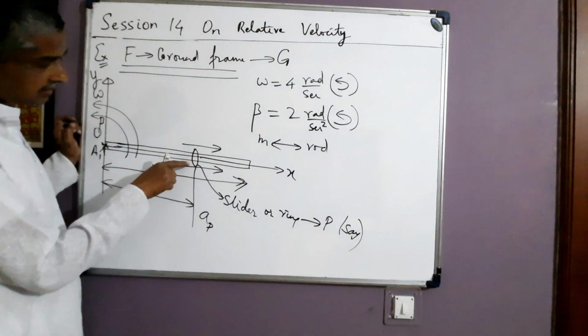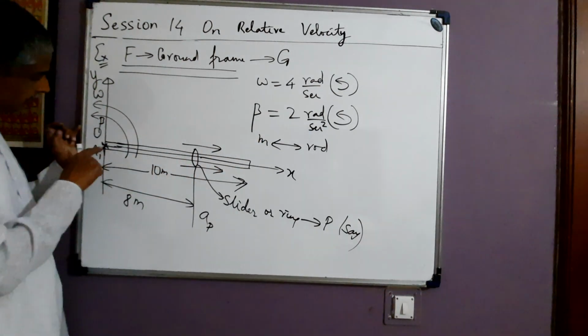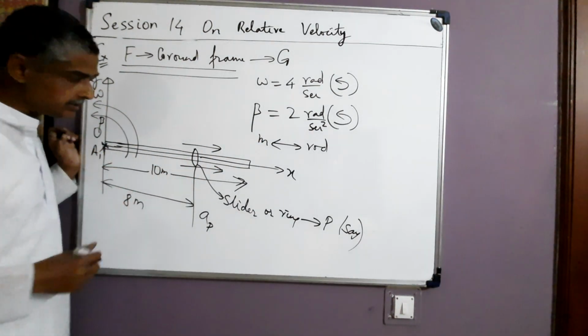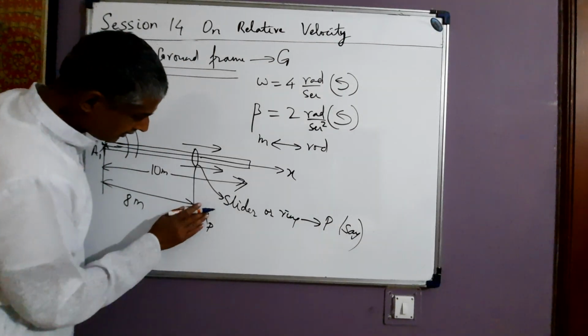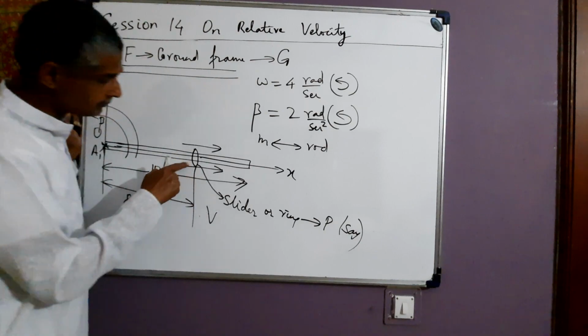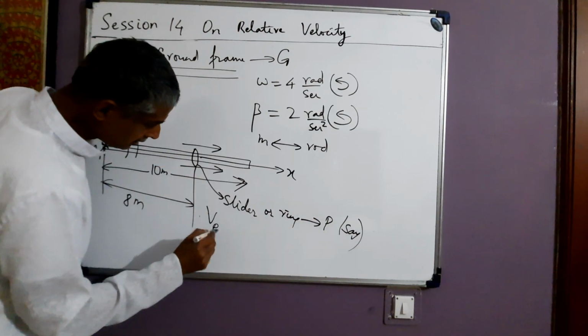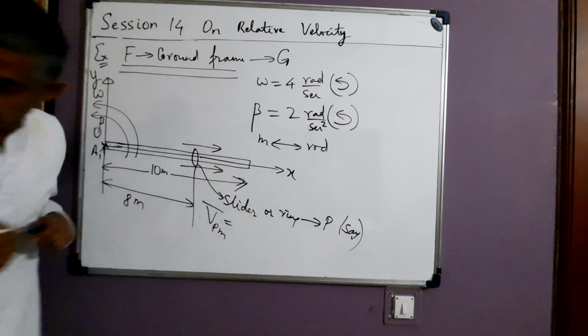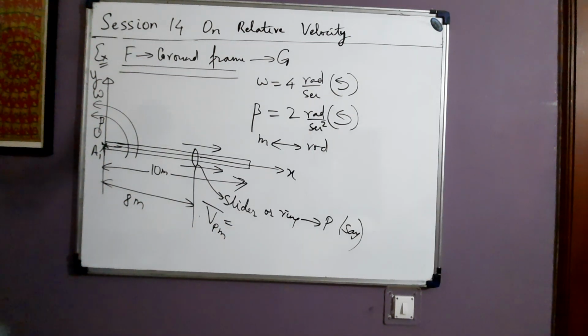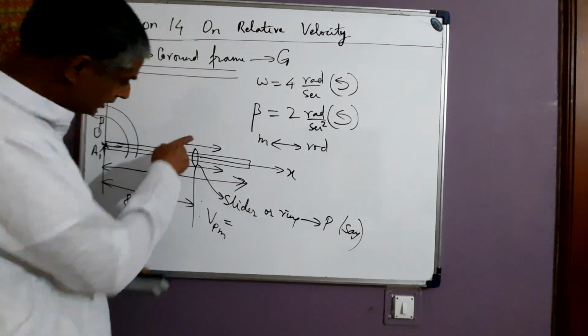This is the slider which is sliding. Its distance from left hand A1 is 8 meter at the given instant. Also, velocity of the slider, that is P, with respect to M, that is rod, is given to be 5 meter per second in rightward direction at the given instant.